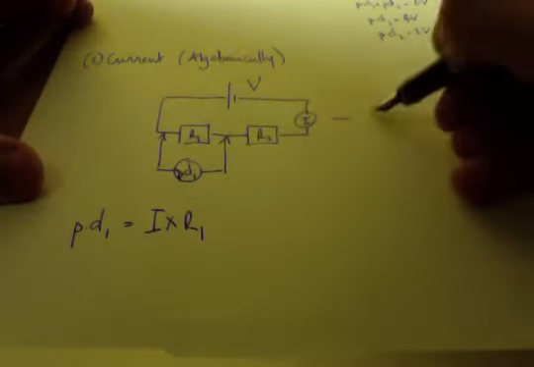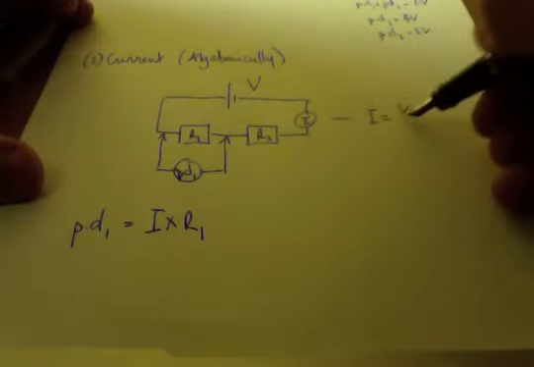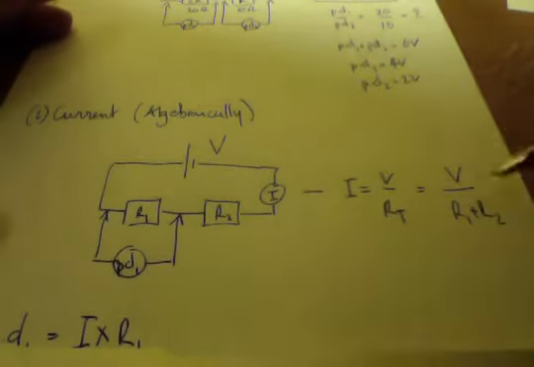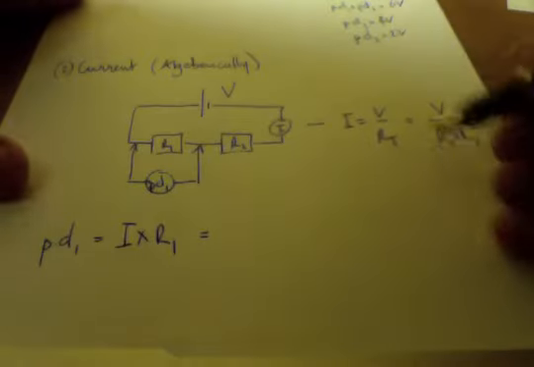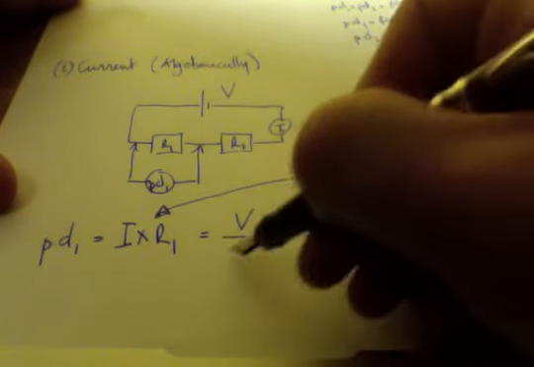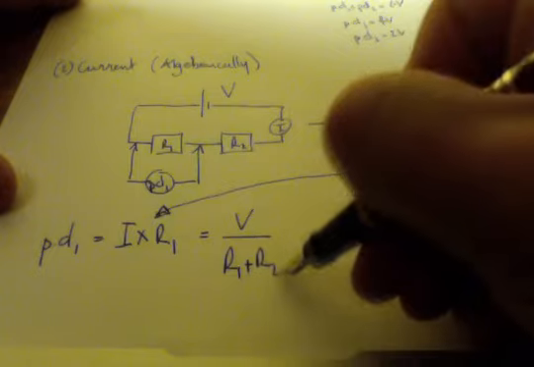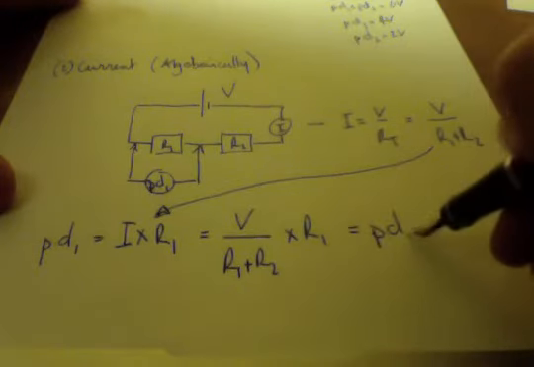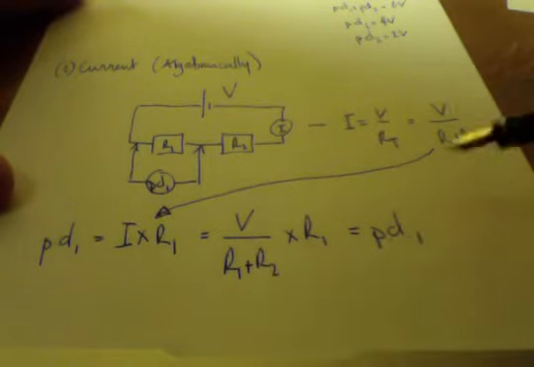However, I know that the current is the voltage divided by the total resistance, which is the voltage divided by R1 plus R2, because I'm adding those two resistances together. So in other words, if I substitute this into here, V over R1 plus R2 times R1 gives me the potential difference.